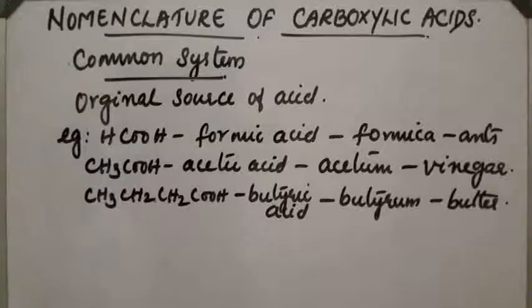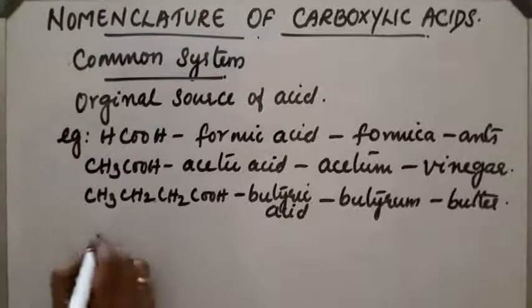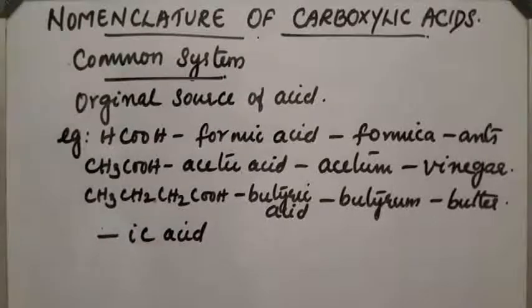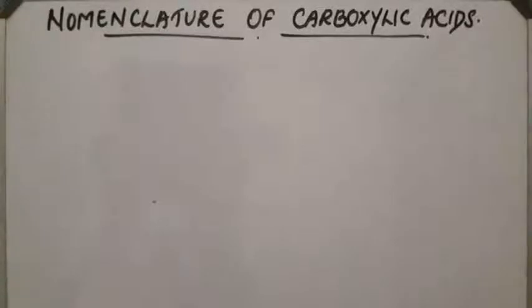Now, while naming the compounds, the name ends with ic acid in the common system of naming. If substituents are there, they are indicated by alpha, beta, gamma, etc. This much about the common system of naming.